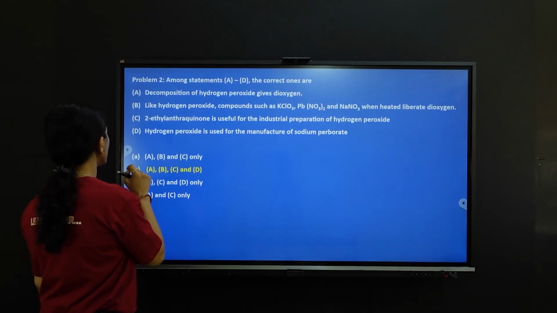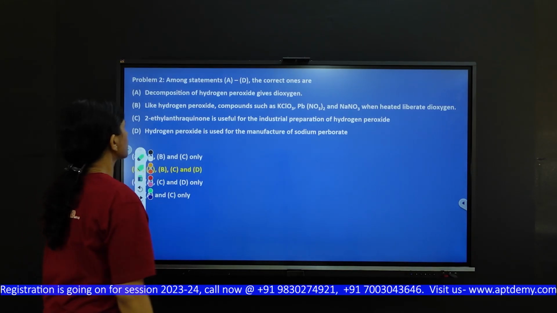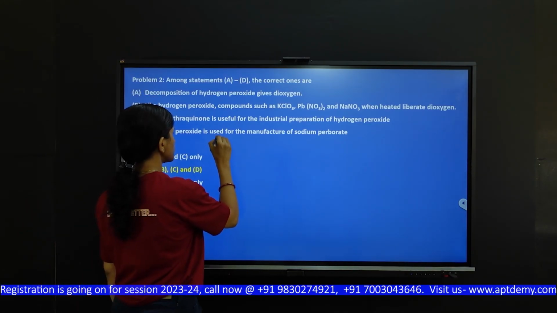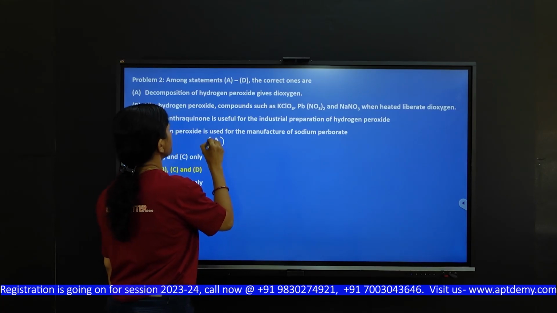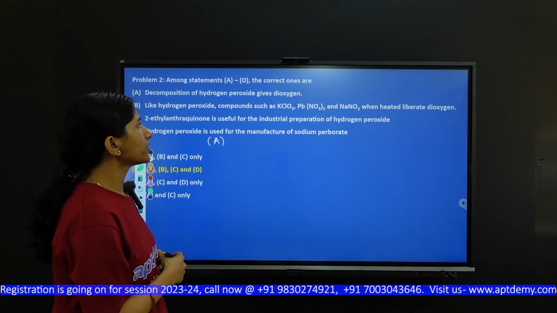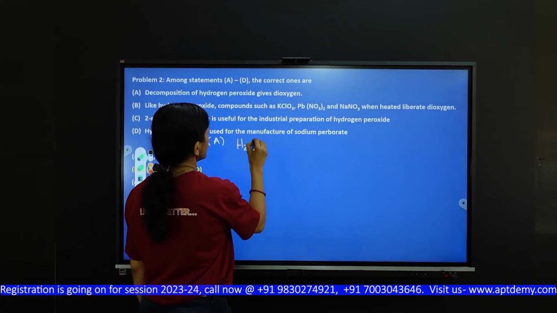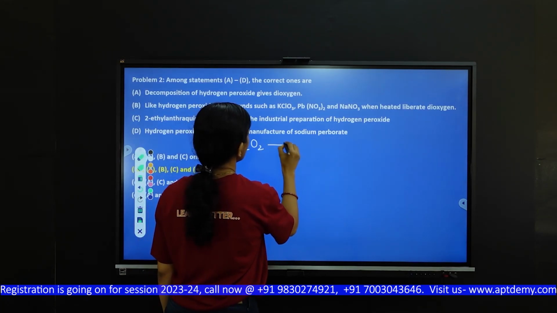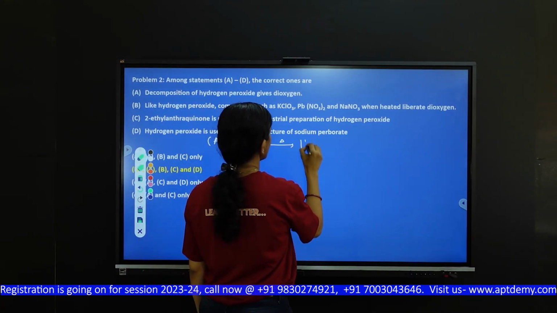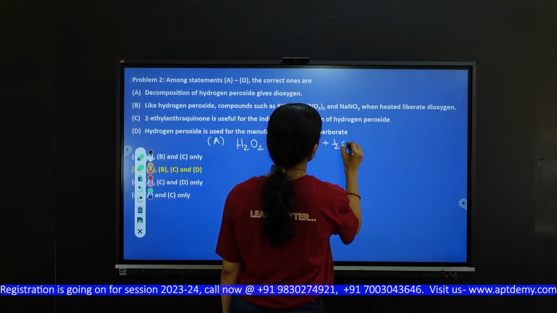Now one by one we will check from A to D which statements are correct. So let's first start with statement A, which is decomposition of hydrogen peroxide gives dioxygen. Let's check. Decomposition of H2O2 gives you water and half O2.